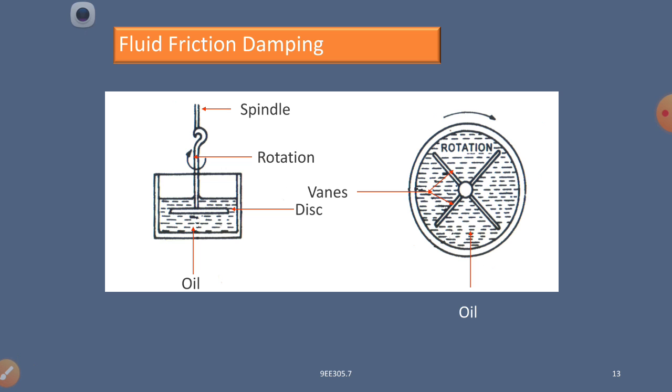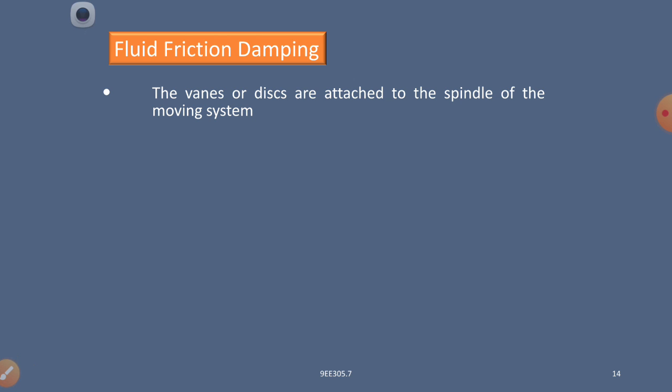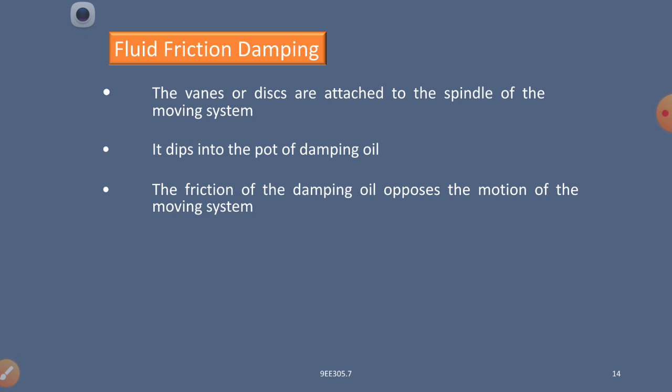By seeing the plan, we are seeing here the elevation. Now the vanes or discs are attached to the spindle of the moving system. It dips into a pot of damping oil. The friction of the damping oil opposes the motion of the moving system.